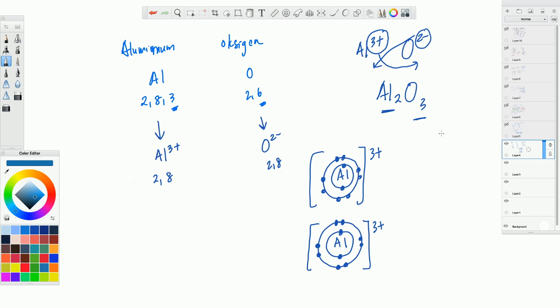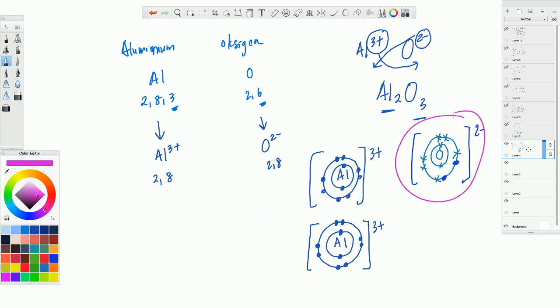So oxygen you have to draw 3. Now when you draw oxygen, be careful. 2, 6 is the oxygen one. 1, 2, 3, 4, 5, 6. The other 2 come from aluminium. 7, 8. You see that? This is 2 negative. So ini kamu kena lukis 3. Ini ialah cara beza untuk melukis aluminium oksida.